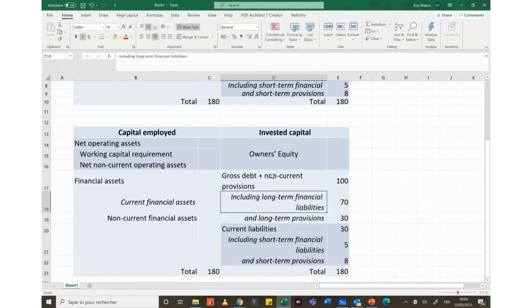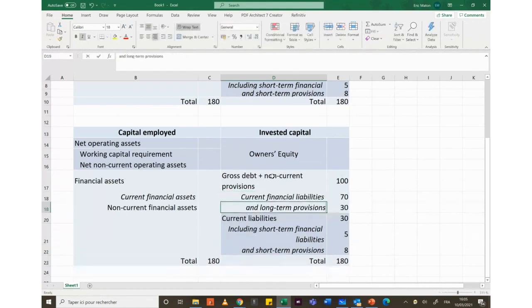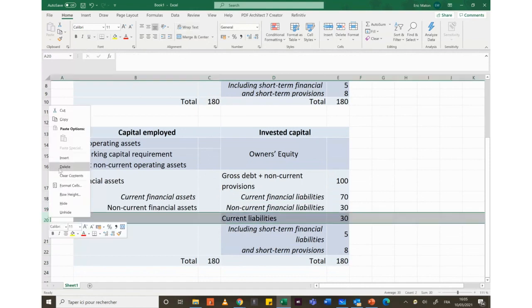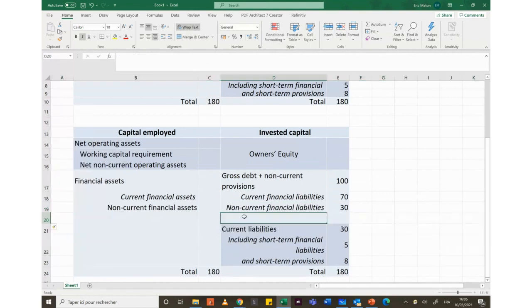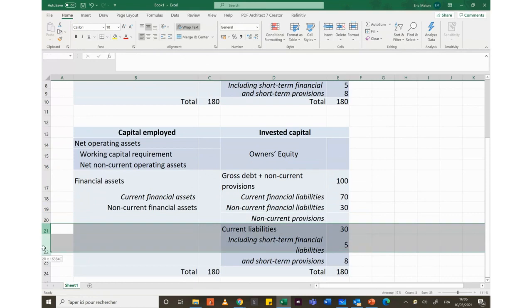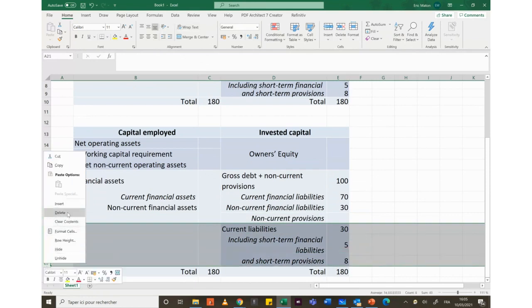So we have the current financial liabilities, the non-current financial liabilities, and we have the non-current provisions. We don't have all this. Okay.